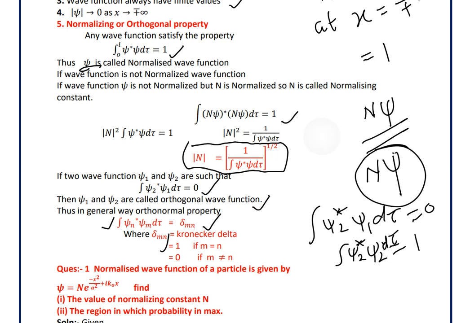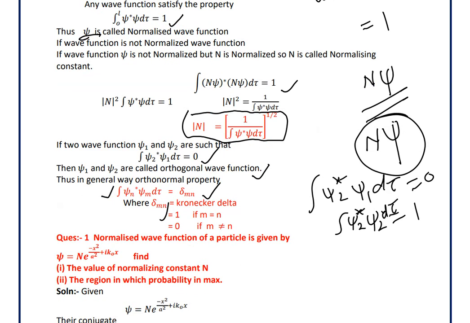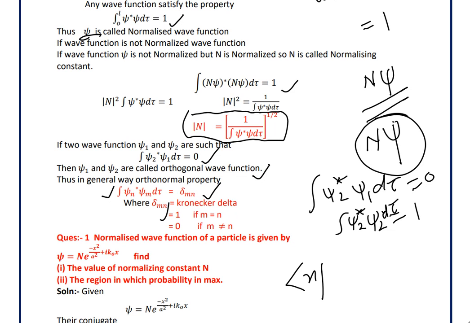It is written in bracket notation as bracket n m is equal to Kronecker delta nm, or psi n psi m is equal to Kronecker delta nm.